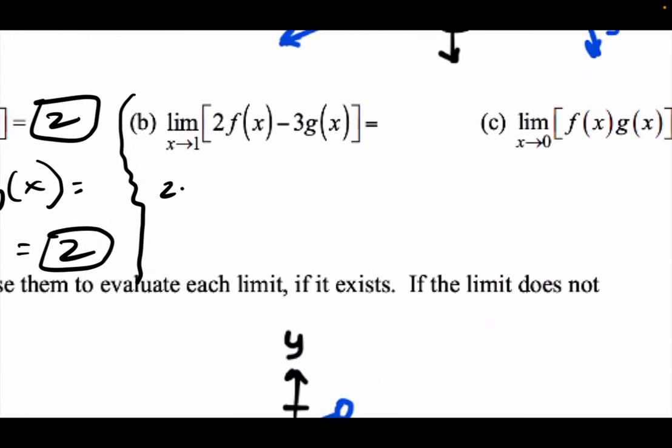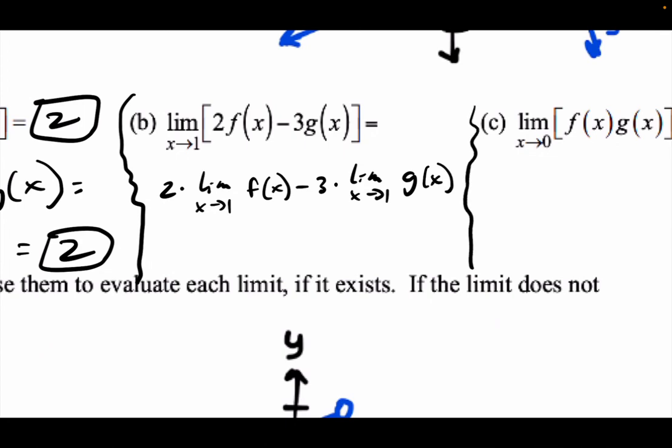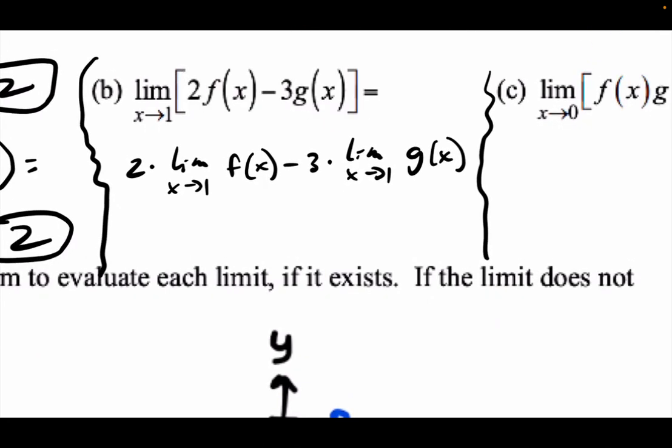We're going 2 times the limit as x approaches 1 for f of x minus 3 times the limit as x approaches 1 for g of x. That's really what that says. 2 times your limit of f of x at 1, and then minus 3 times the limit of g.